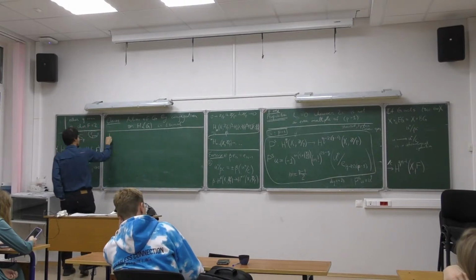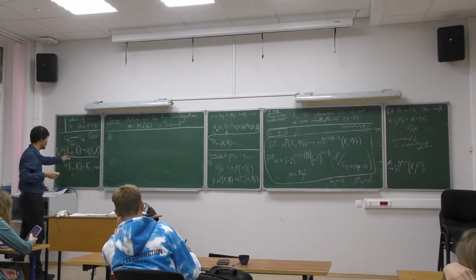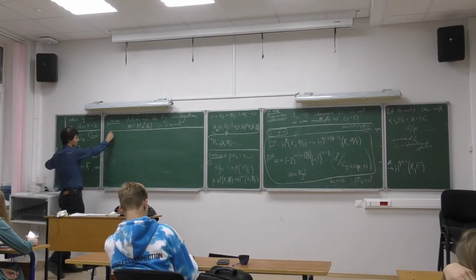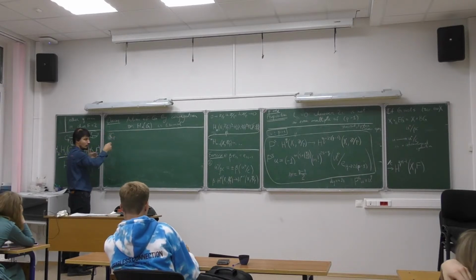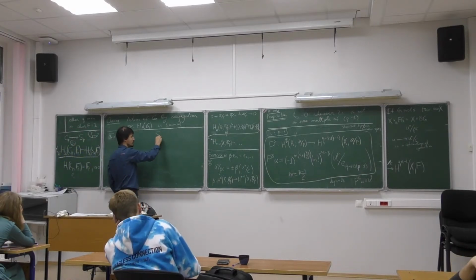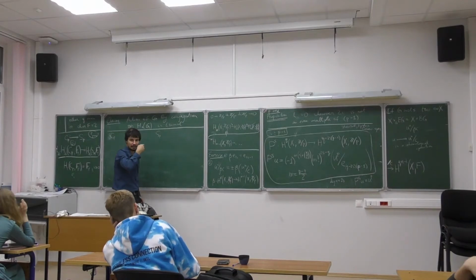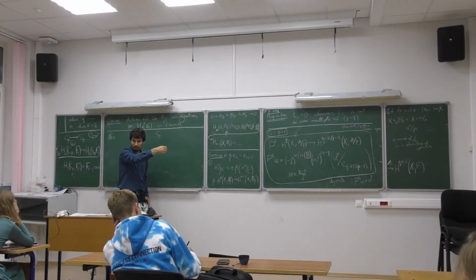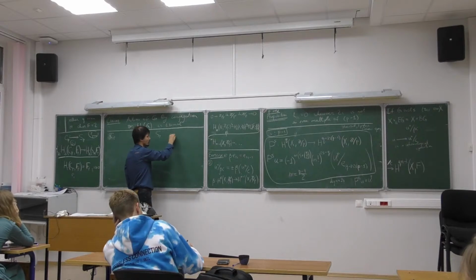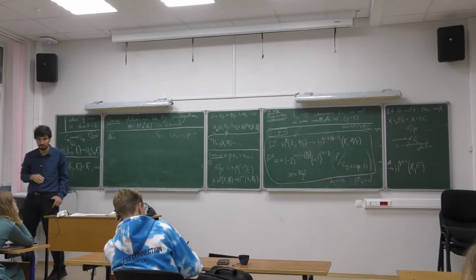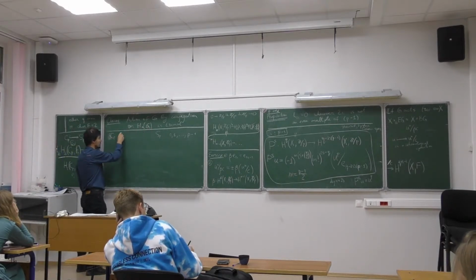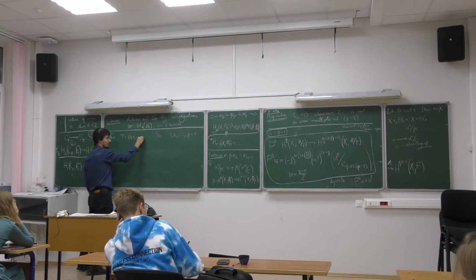So it is natural to identify this group C_p with the subgroup of S_p acting on the standard residues modulo p. It is more convenient to have residues from 0 to p minus 1 than from 1 to p, but this doesn't matter. And C_p is generated by this cycle, which goes 0 to 1, 1 to 2, and so on.